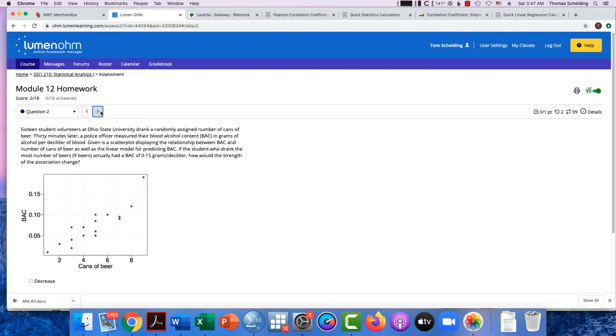Over here we've got blood alcohol level in beer. And what we're asked, as you read this, is whether if you drink the most number of beers, you would have one of the highest blood alcohol levels.